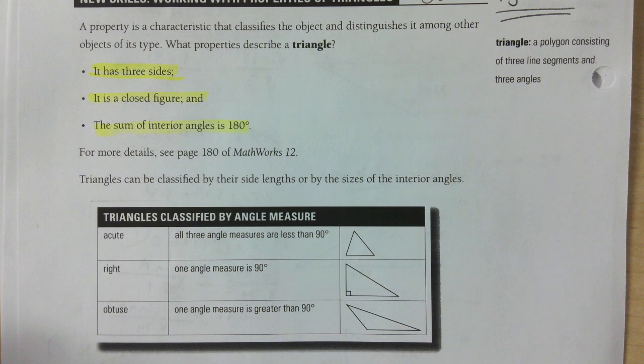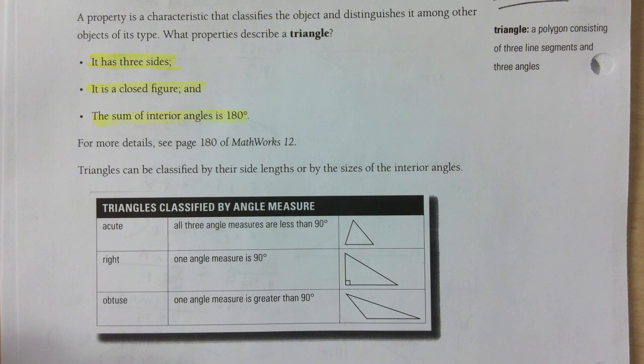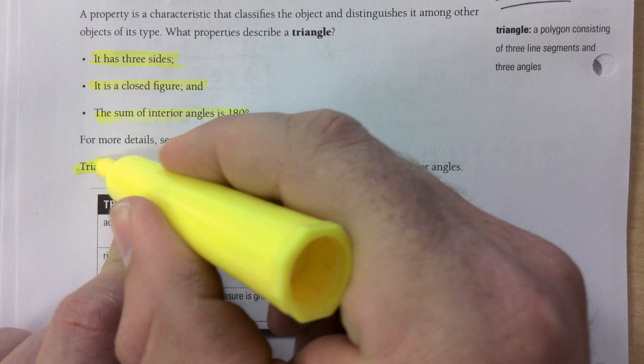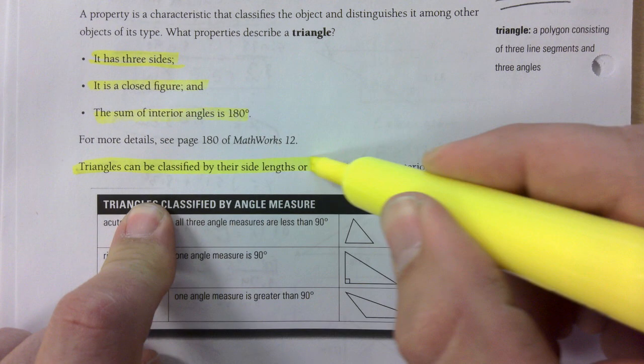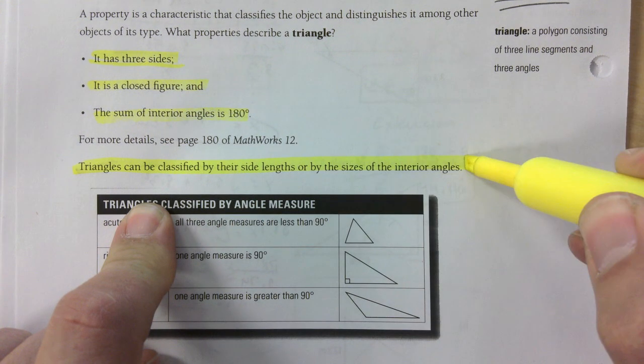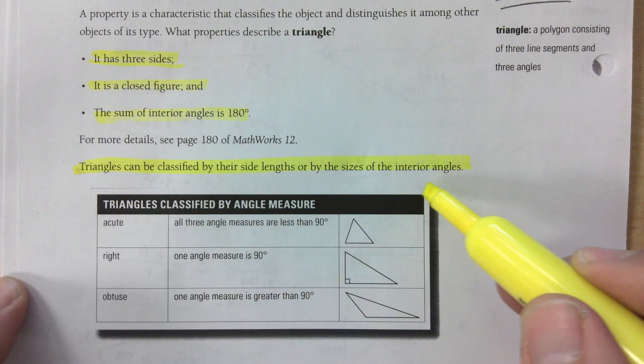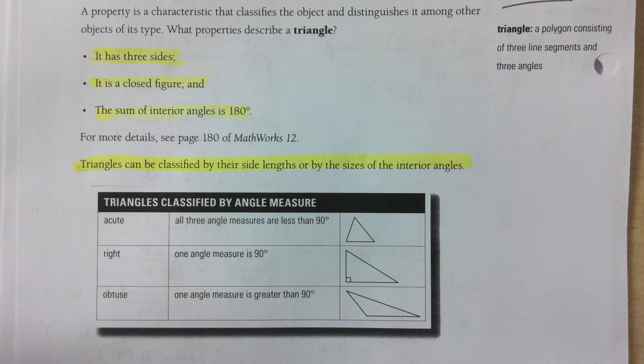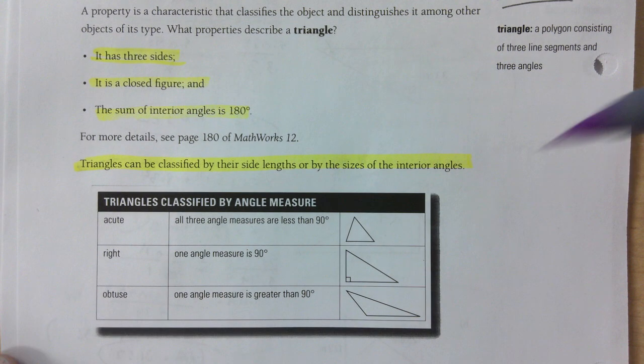Triangles can be classified, right? This is important. Triangles can be classified by their side lengths or by the sizes of the interior angles. Okay, so you do side lengths and angles, right?